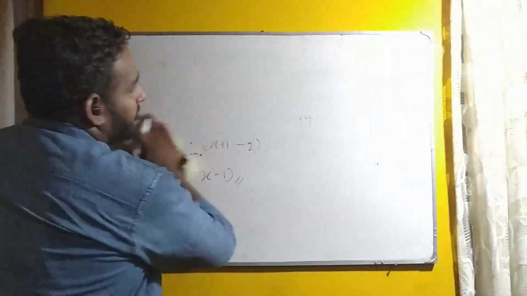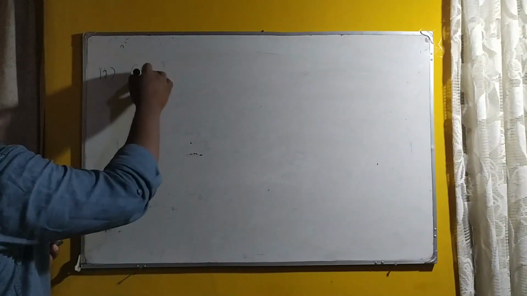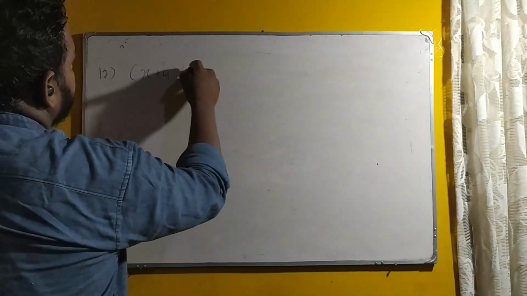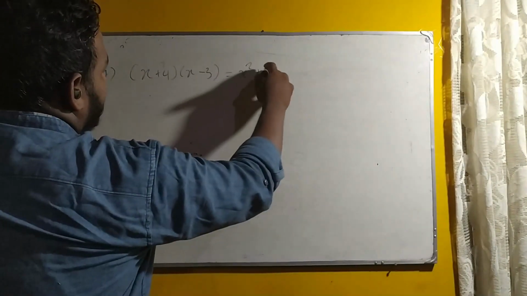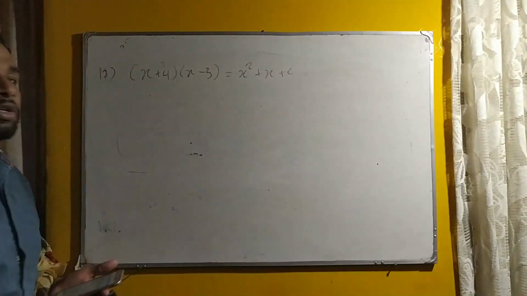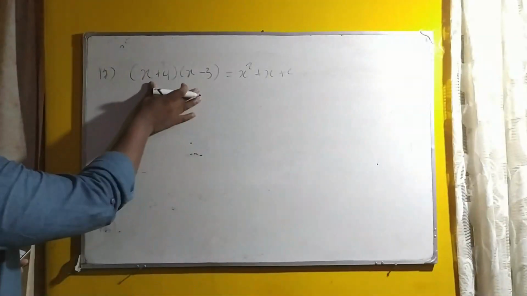Let's come to the 17th question. They have given (x plus 4)(x minus 3) is equal to x squared plus x plus something, so you should find that c. So just remove the bracket.